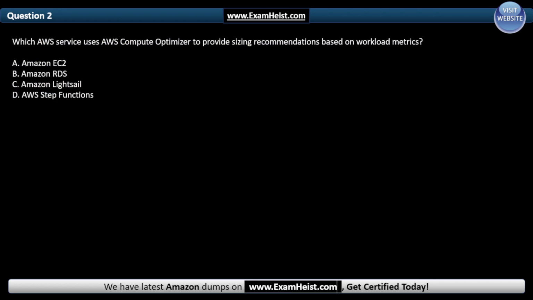Question 2. Which AWS service uses AWS Compute Optimizer to provide sizing recommendations based on workload metrics? And the correct answer is A. Amazon EC2.